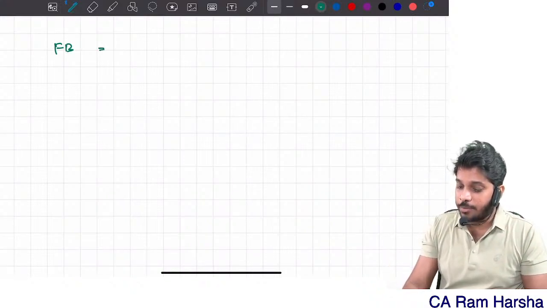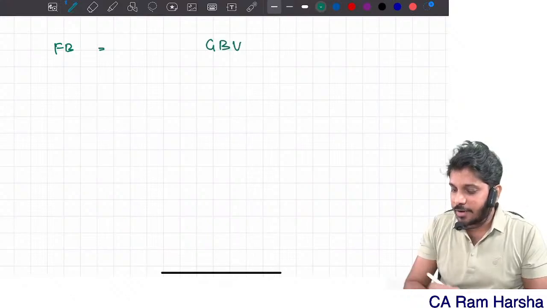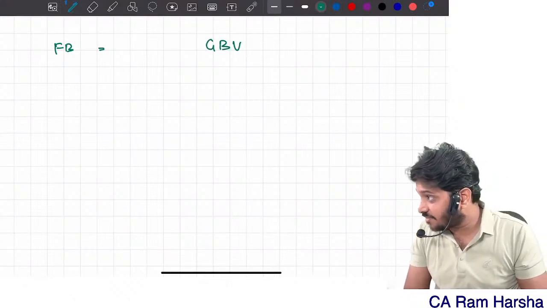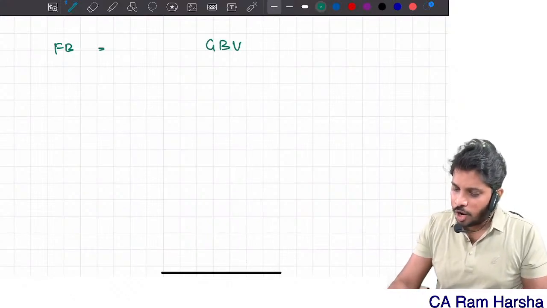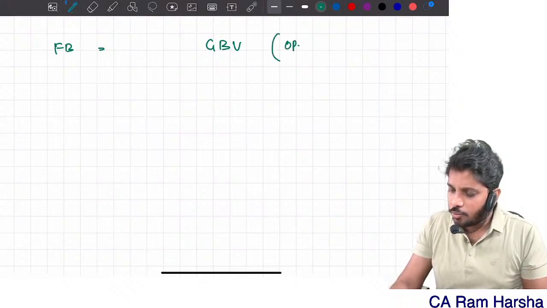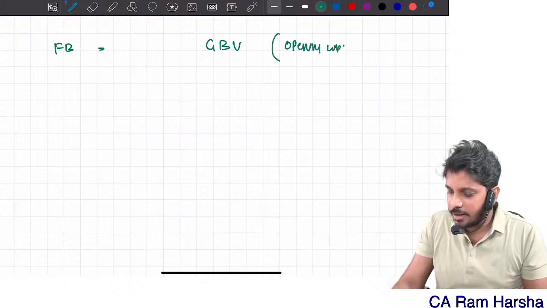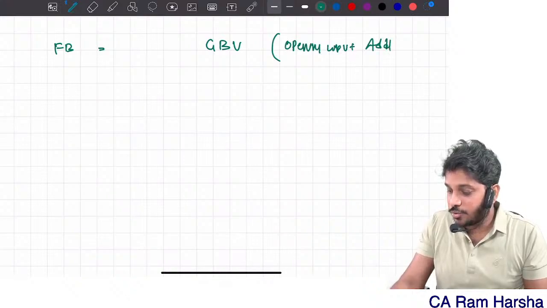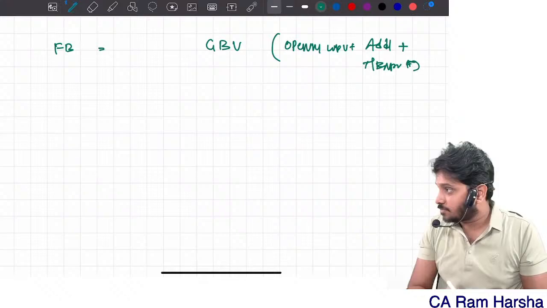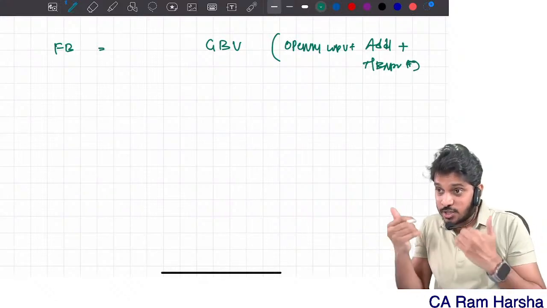Now, how to compute capital gains? First, identify the gross block value. What do you mean by gross block value? Opening WDV plus additions during the year plus transfer expenses incurred on transfer of the block.